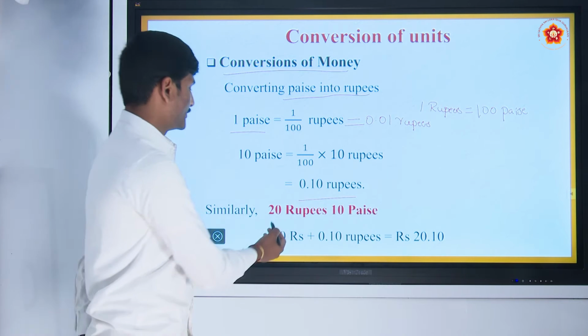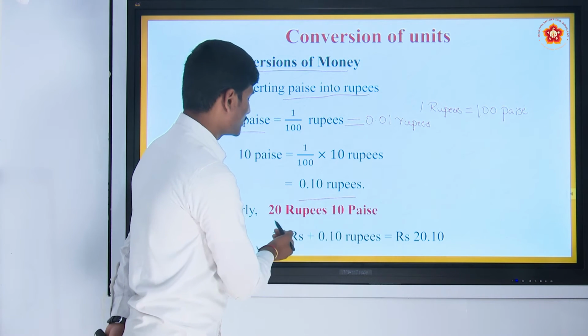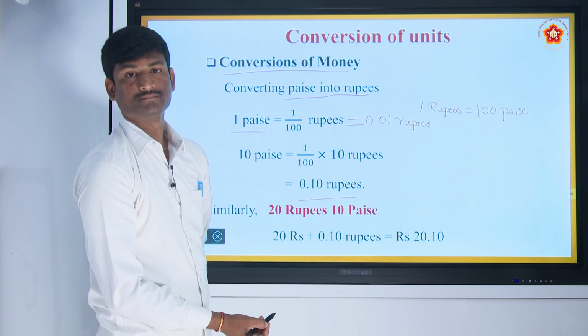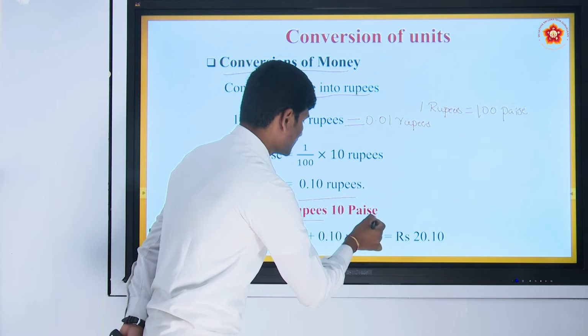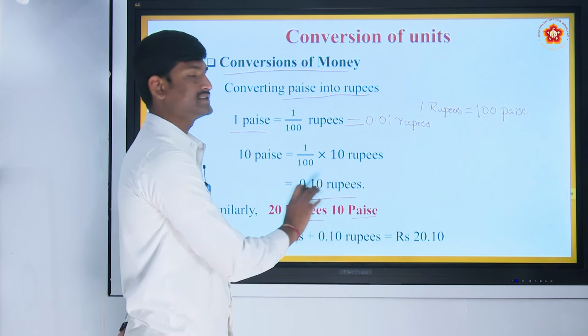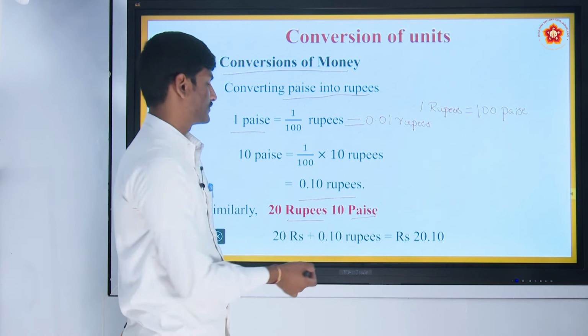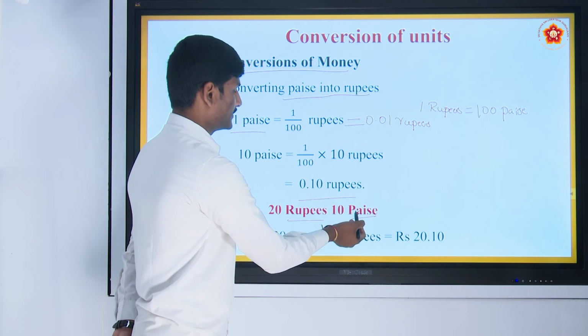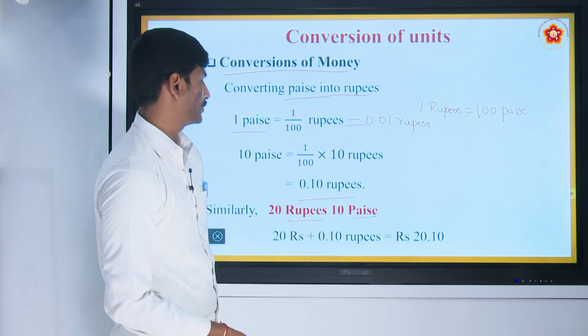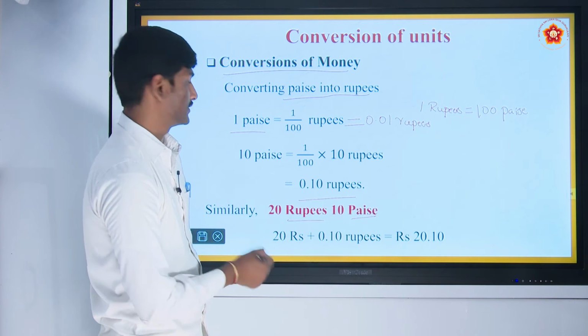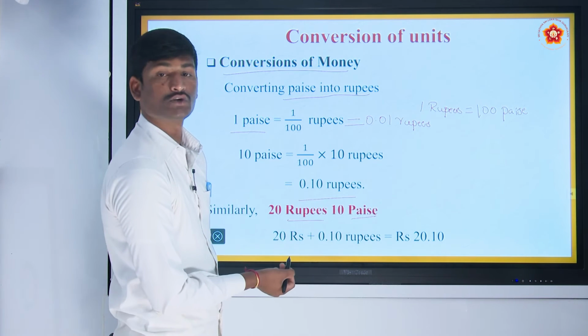Similarly, we write 20 rupees 10 paise. Suppose 20 rupees 10 paise, both units, rupees and paise, change. First, we convert paise to rupees. You already know 10 paise is equal to 0.10 rupees.